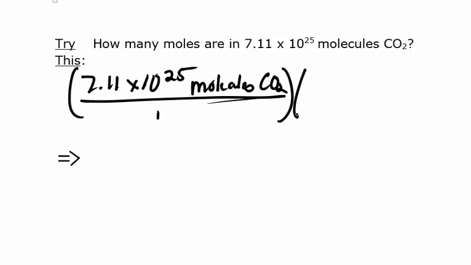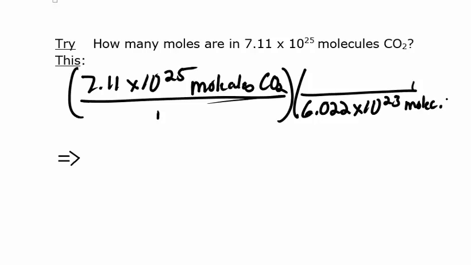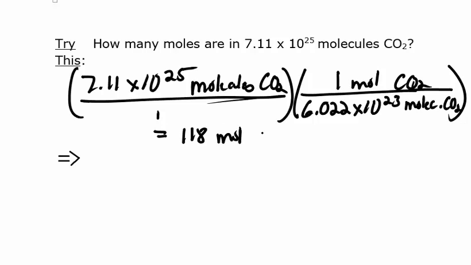The conversion factor needs to have the count of the number of items on the bottom because our items are our molecules. So we will put Avogadro's number on the bottom. And again, that's molecules of CO2. And on the top, it's simply 1 mole. And that equals 118 moles of CO2.